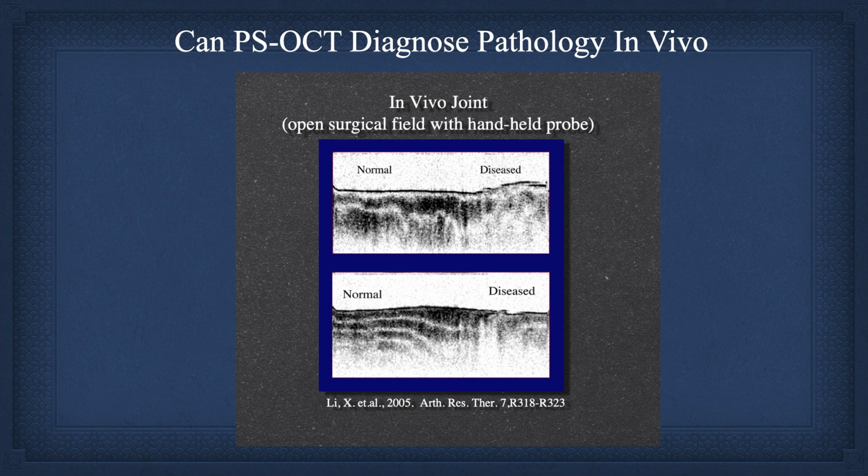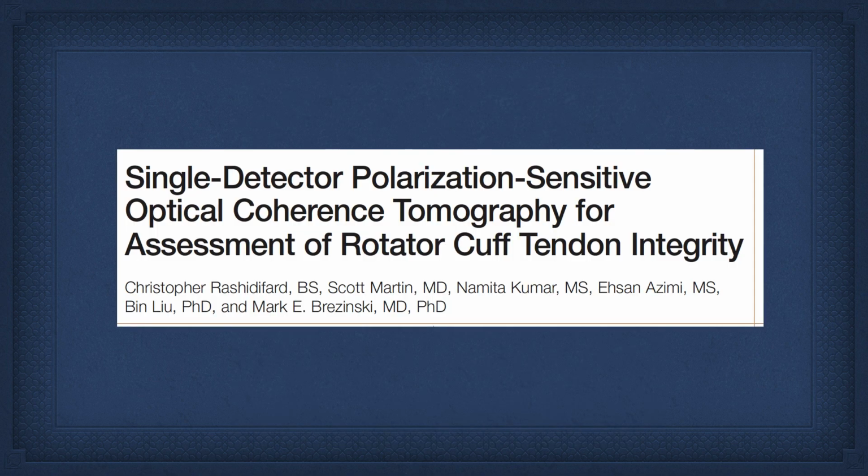And so we were able to correlate in this study PS-OCT in vivo with histopathology. And this was even more strongly shown in rotator cuff tear.